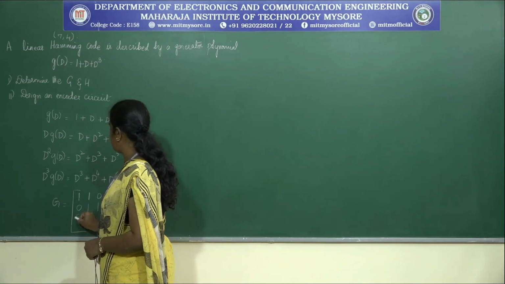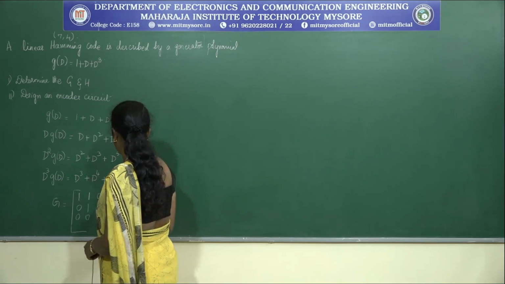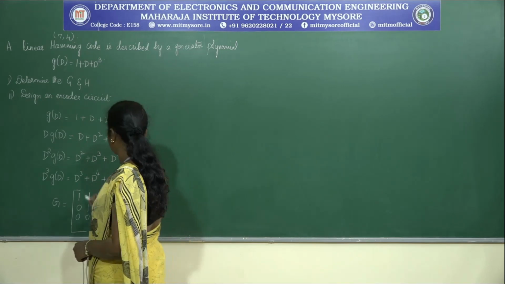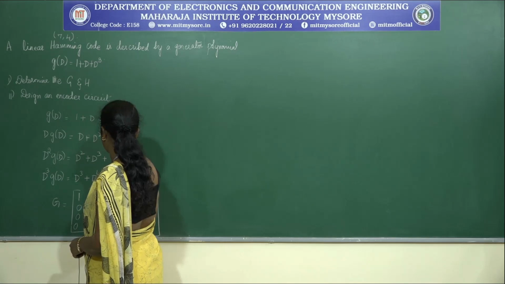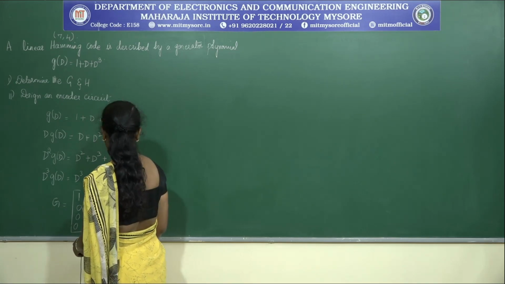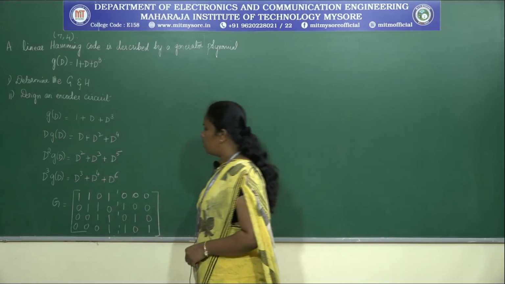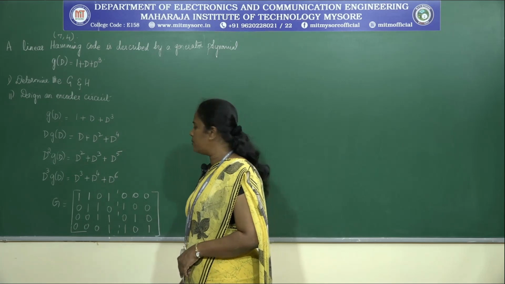Then if we consider this, it is 0, 0, x square, x3, x4, x5, x6. If we consider this, it is 0, 0, 0, D3, D4, D5 and D6. So now this is not in the proper form.